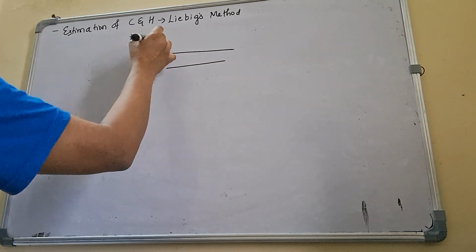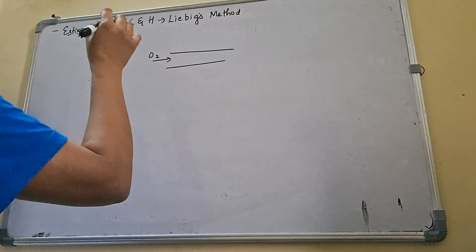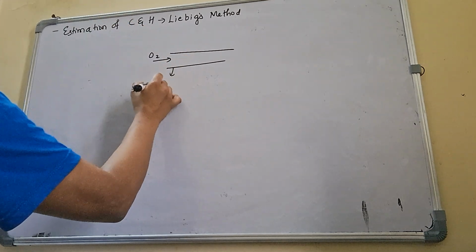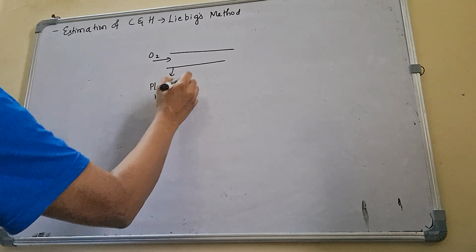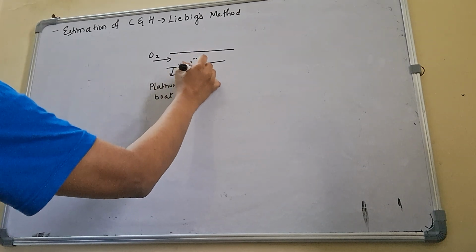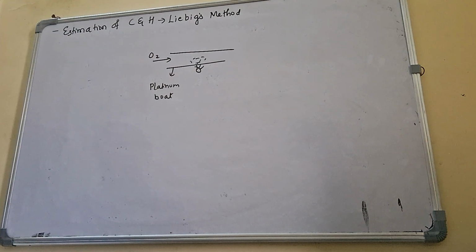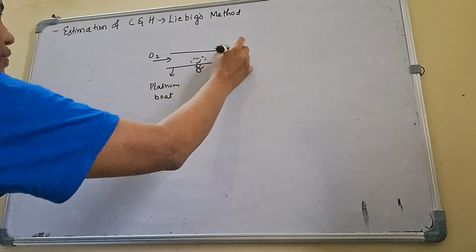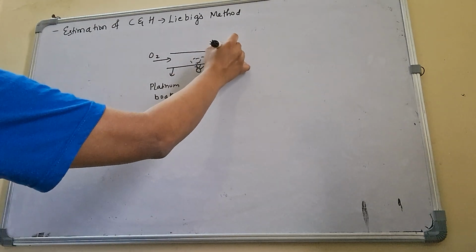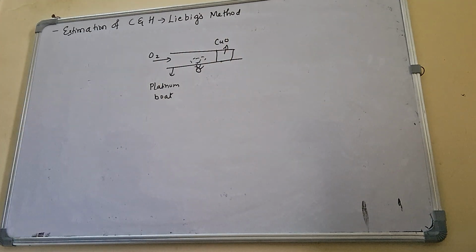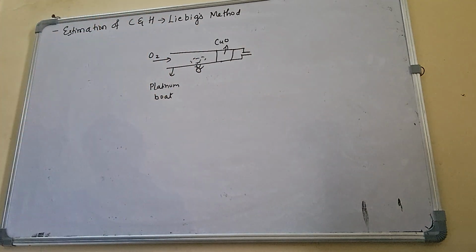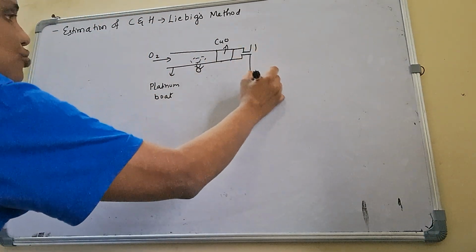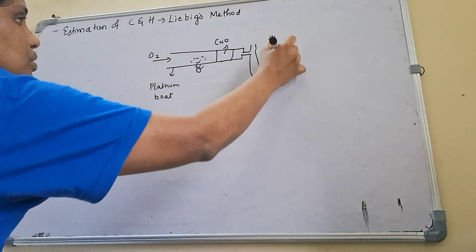You are going to pass dry oxygen here, and here this is what we call as a platinum boat. Okay, because the shape is like a boat. You take a sample organic compound and then you heat it. Alright, and here you have your copper oxide pellets. Okay, this is copper oxide, and then you have your furnace, and here what you have is this is connected to two U-shaped pipes like this.